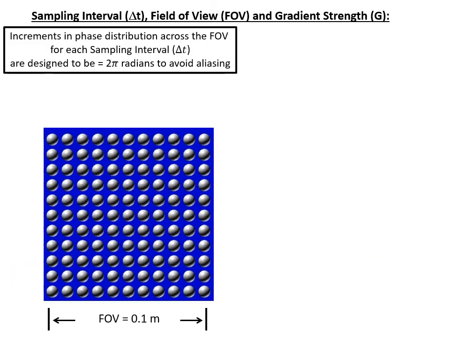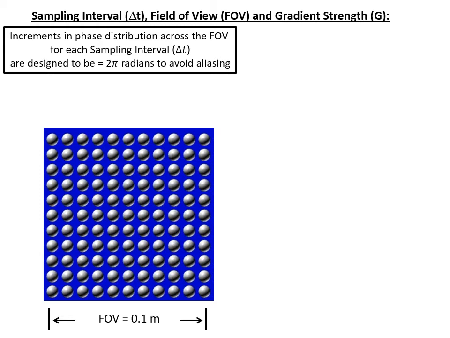Let's take a second look at the relationship between sampling interval, field of view, and gradient strength. This time adding some numbers to the same example. So the increments in phase distribution across the field of view for each sampling interval are designed to be equal to 2 pi radians difference from one edge of the field of view to the other edge of the field of view to avoid aliasing.